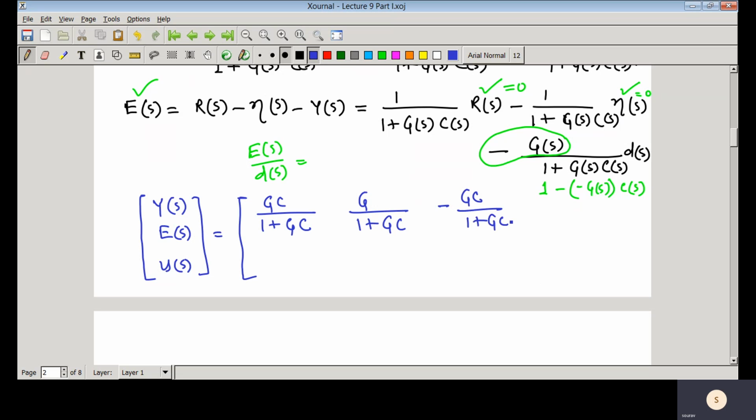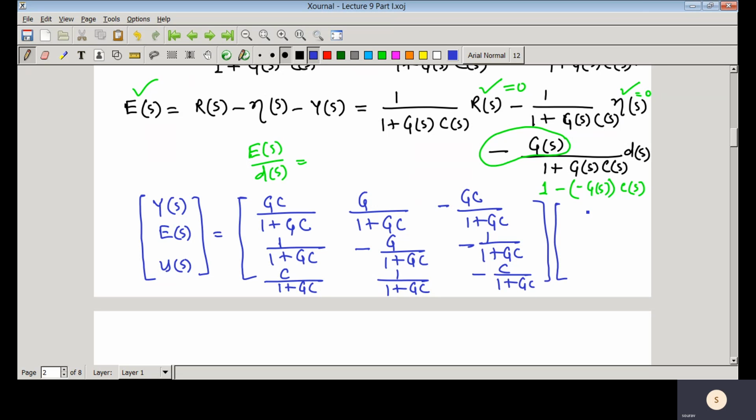So 1 plus GC, and here 1 plus GC, minus G by 1 plus GC, minus 1 by 1 plus GC, and here you have C by 1 plus GC, 1 by 1 plus GC, minus C by 1 plus GC. Here you have RS, DS and eta S.